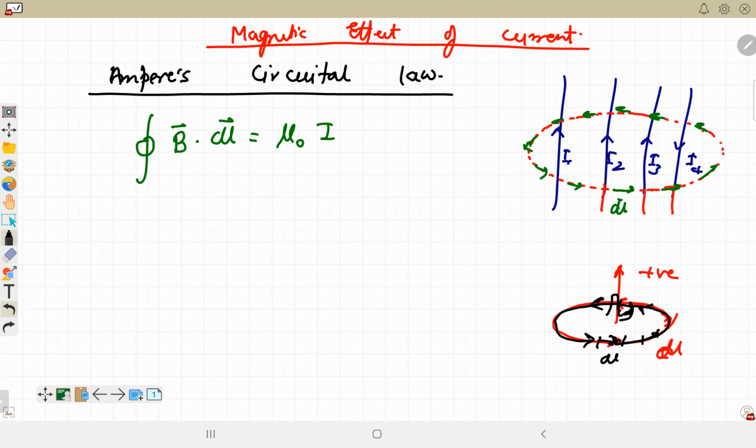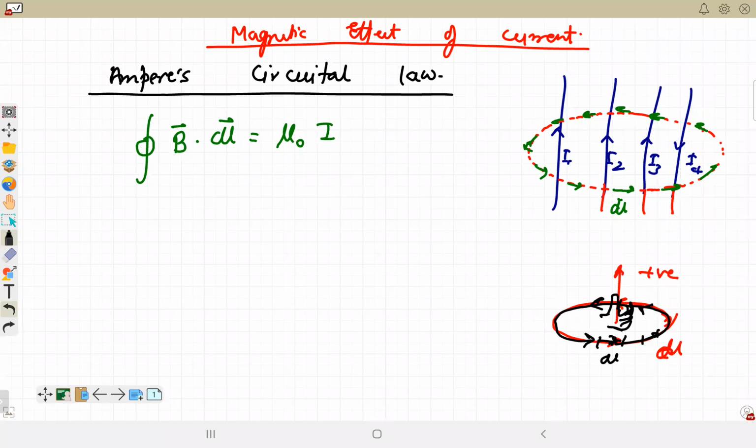When you curl your right hand fingers in the direction of integration dl, the thumb will be out of the plane. So out of the plane direction is positive, therefore out of the plane currents will be taken with positive sign.